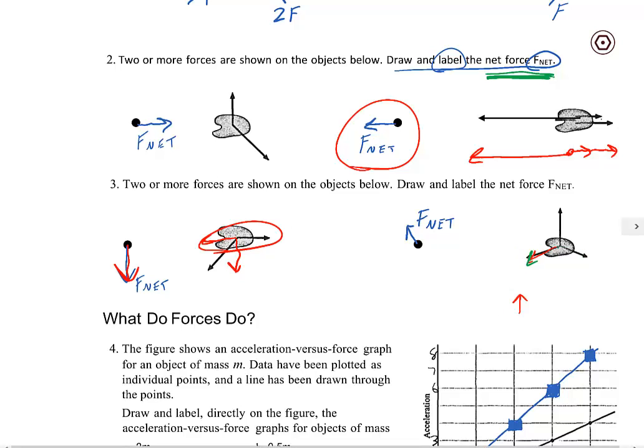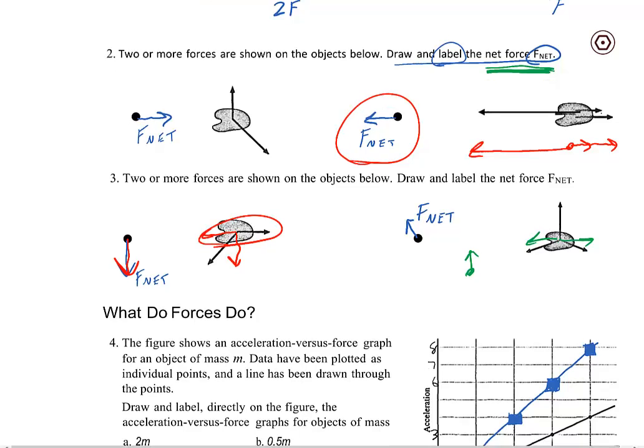You could definitely argue that these two arrows look identical in length, therefore their x components would be equal and they cancel out. And if you thought that these two cancel out, then you would be left with a net force that was going up.